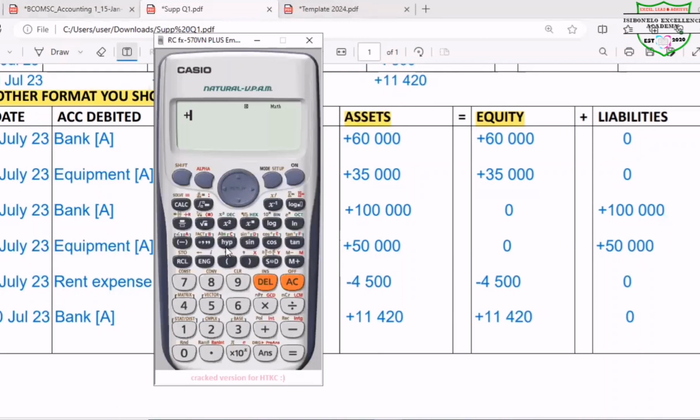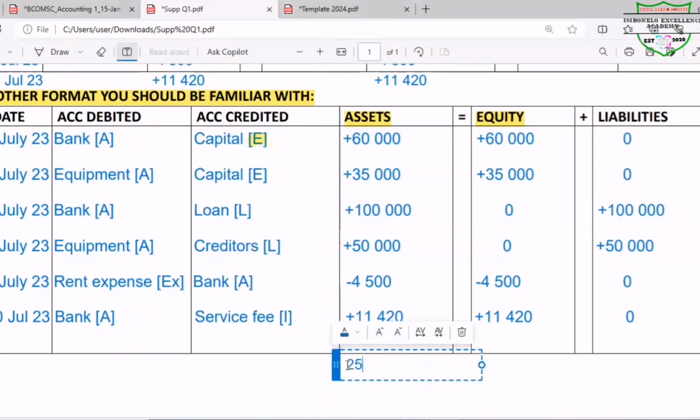We have positive 60,000, positive 35,000, positive 100,000, positive 50,000, negative 4.5, and positive 11,420. So the value of assets amounts to 251,920. So this is the total value of our assets.